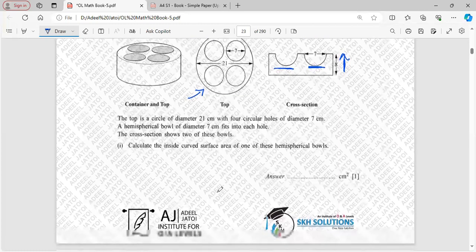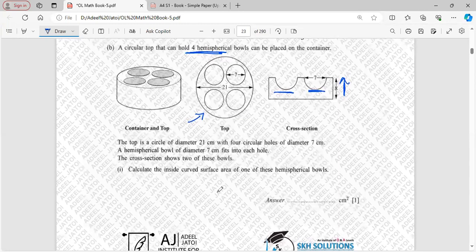So let's work on this. The top of the circle has a diameter of 21 centimeter with 4 circular holes of diameter 7 centimeter each. A hemispherical ball of diameter 7 centimeter fits into each hole. The cross section shows 2 of these balls.